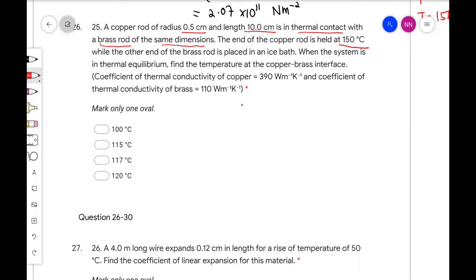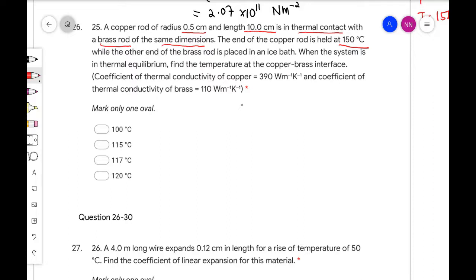The temperature at the end of the copper rod is 150 degrees Celsius and the temperature at the end of the brass rod is 0 degrees Celsius. So you have to find the temperature at the border of the copper and brass rod, the copper brass interface. They are in thermal contact.